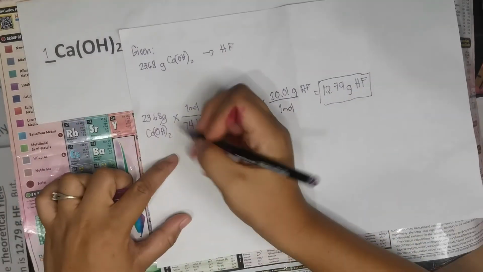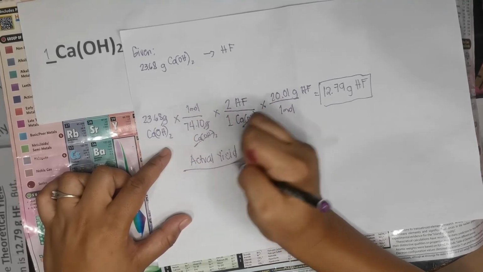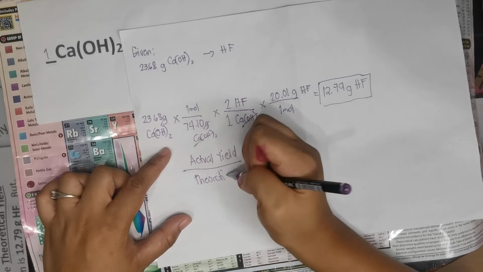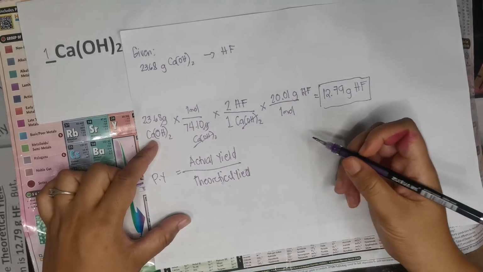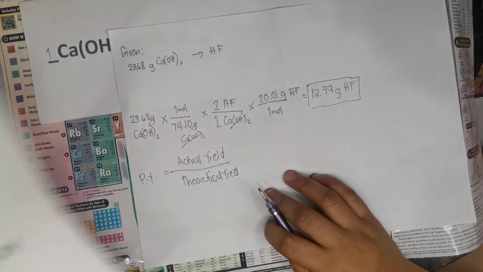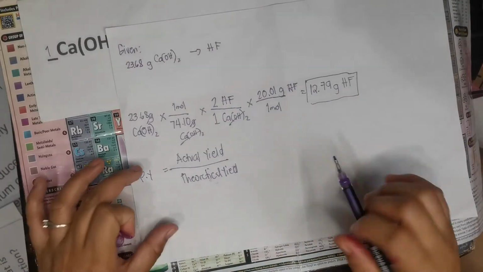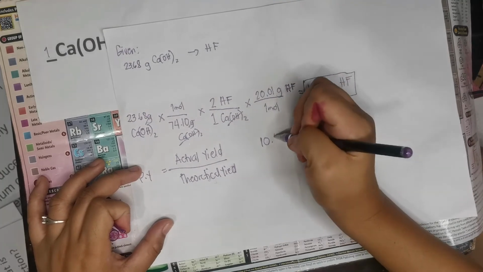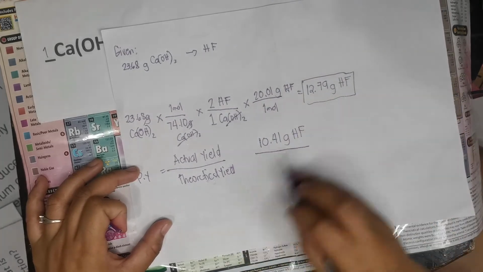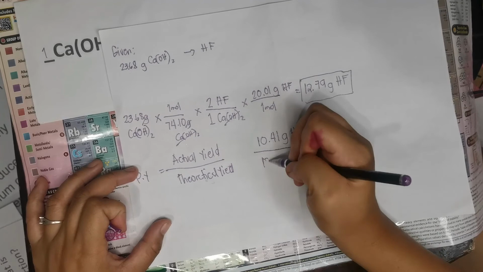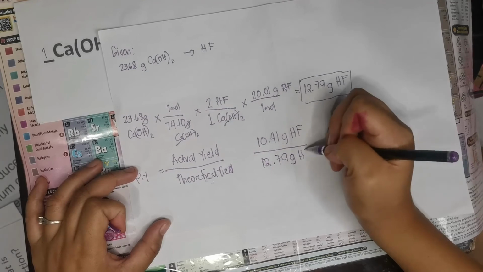So, si percent yield is actual yield divided by theoretical yield. And that is our percent yield. Now, ano yung actual yield natin based from the problem? Sabi niyang nakuha daw niya sa experiment ay 10.41 grams of hydrofluoric acid. So, 10.41 grams of hydrofluoric acid divided to, ang theoretical yield natin is 12.79 grams of hydrofluoric acid.